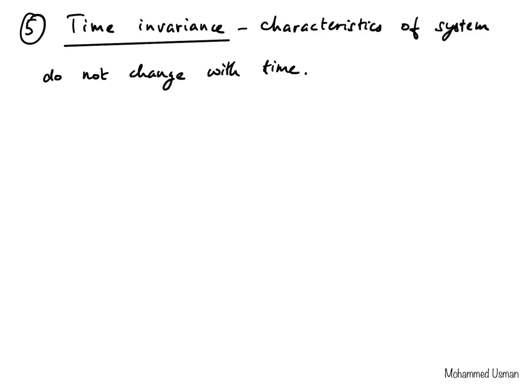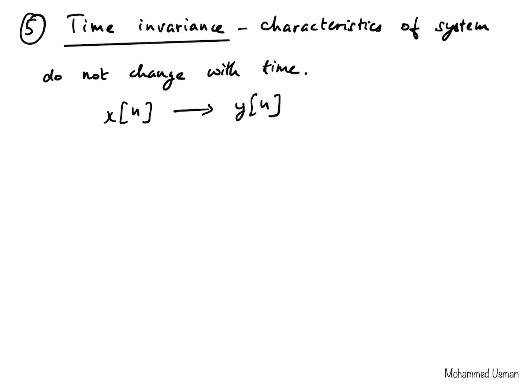Now, in terms of the notation that we have used so far, like time scaling, time shift, and so on, that is the notation of signals and systems. In that notation, we can describe time invariance as follows. Take a system whose input x of n produces an output y of n. If the input gets shifted by a certain amount, then the system's output should also be shifted by the same amount.